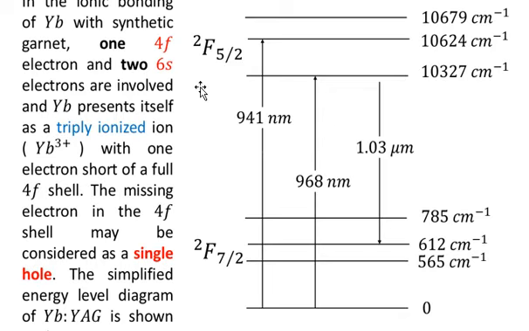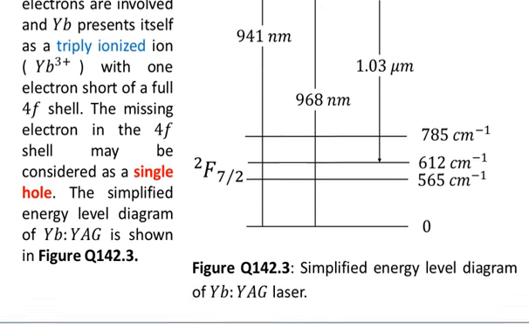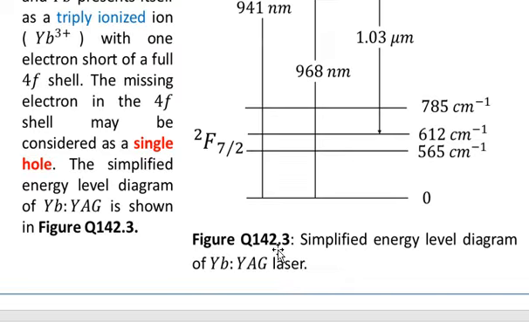So capital S is equal to half, so you have 1 plus 1 equal to 2. This is the multiplicity which I have written as a superscript. So the two manifold terms have been shown, that is 2F5/2 and 2F7/2. And you can see this is figure number 3. The caption is a simplified energy level diagram of the ytterbium YAG laser.